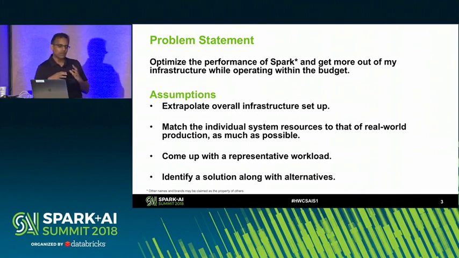And when I did that, I also paid attention to the kind of CPU and memory capacities that people generally have in a standard enterprise Spark infrastructure. So I took the same configurations and created a scaled down version of that in our lab.